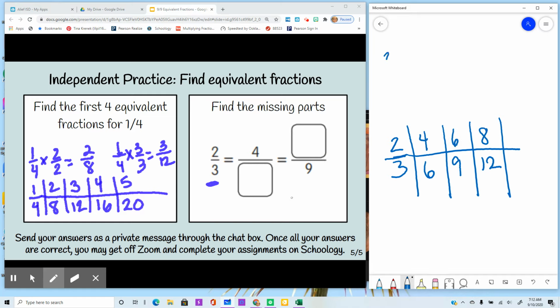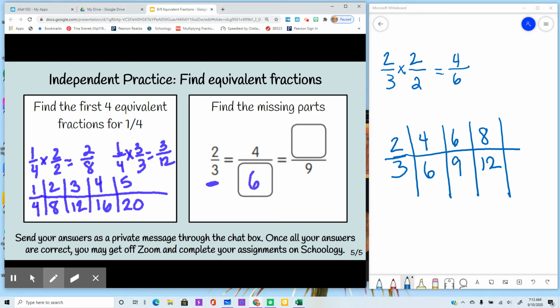Because what we're saying is 2/3 times something equals 4 something. What times 2 gives me 4? 2. Well, if I multiply the numerator by 2, I multiply the denominator by 2, and that gives me 4/6. We see 4/6 in our table.